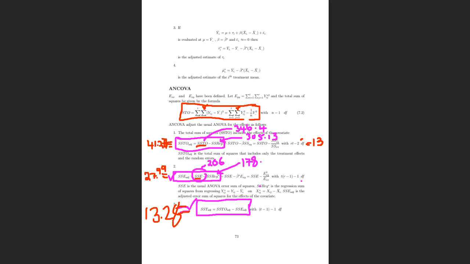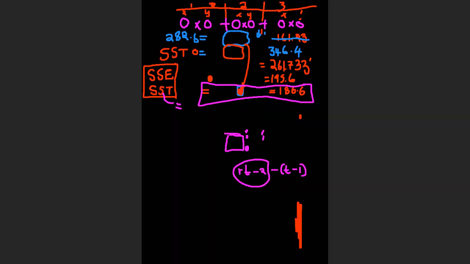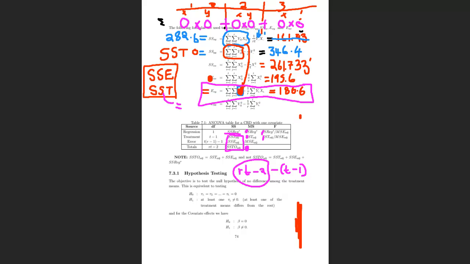Looking at that ANOVA table, we can test for two things there. You see, we have F for regression here, and again we have F for treatment.